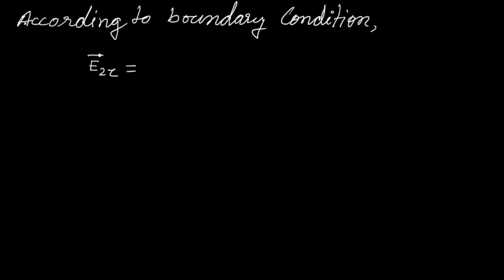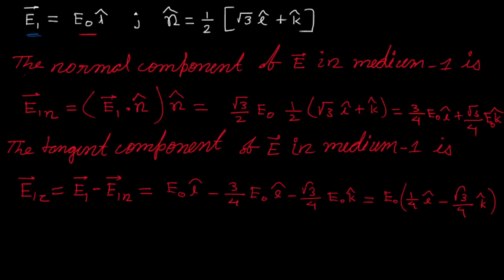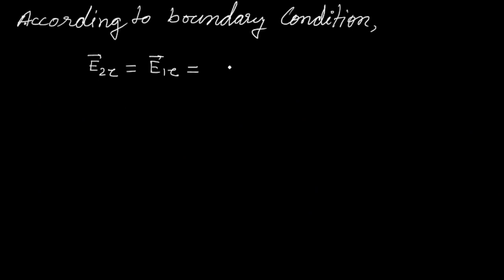E2 tangent is equal to E1 tangent, and we have already calculated E1 tangent, so we'll directly put it here. So E naught into 1 by 4 i cap minus root 3 by 4 k cap.